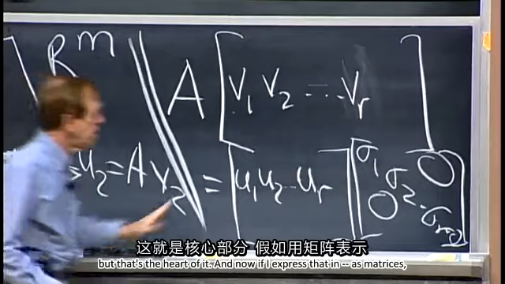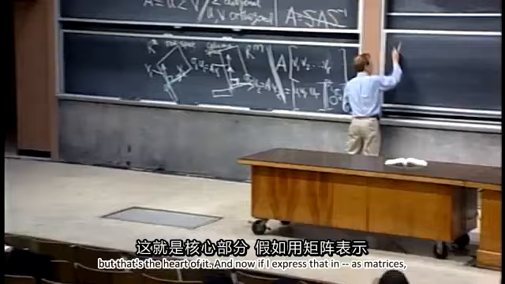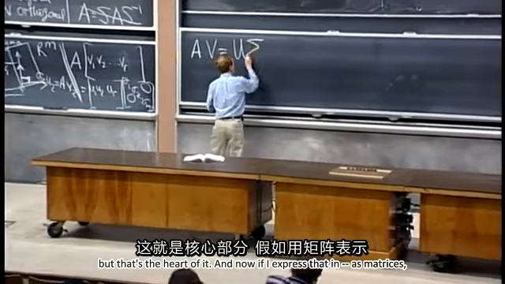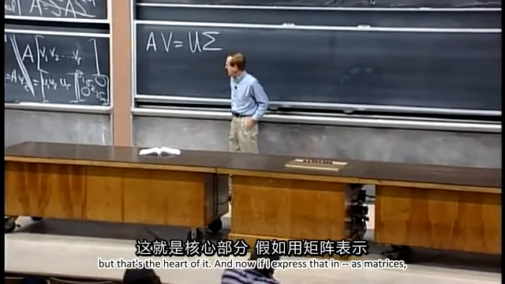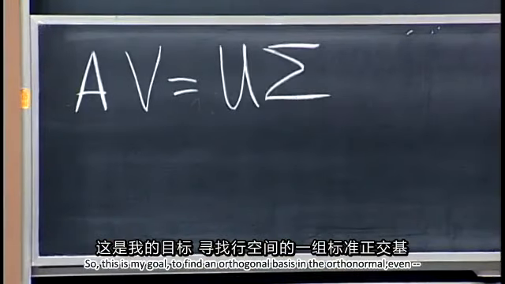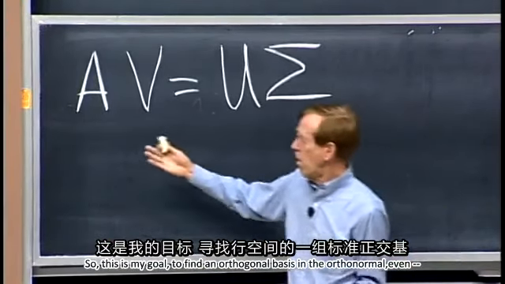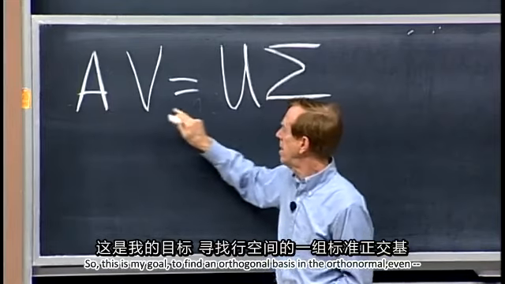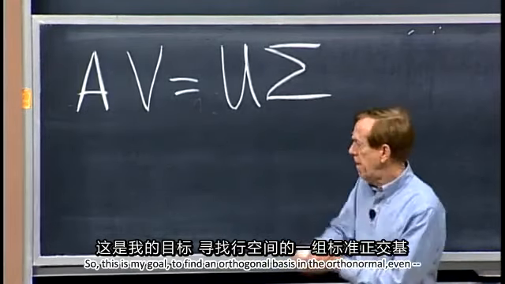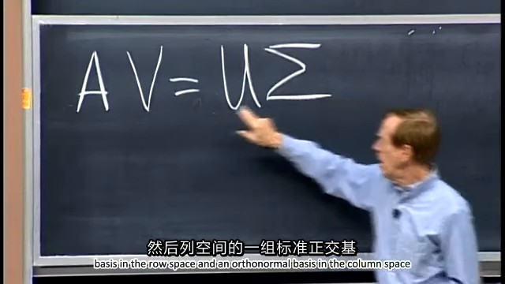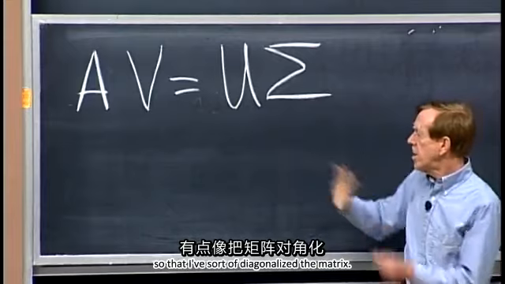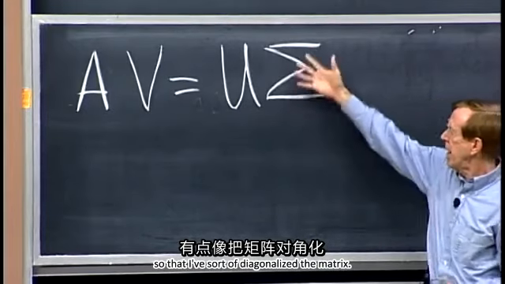And now if I express that as matrices, because you knew that was coming, that's what I have. So this is my goal, to find an orthonormal basis in the row space and an orthonormal basis in the column space, so that I've sort of diagonalized the matrix.